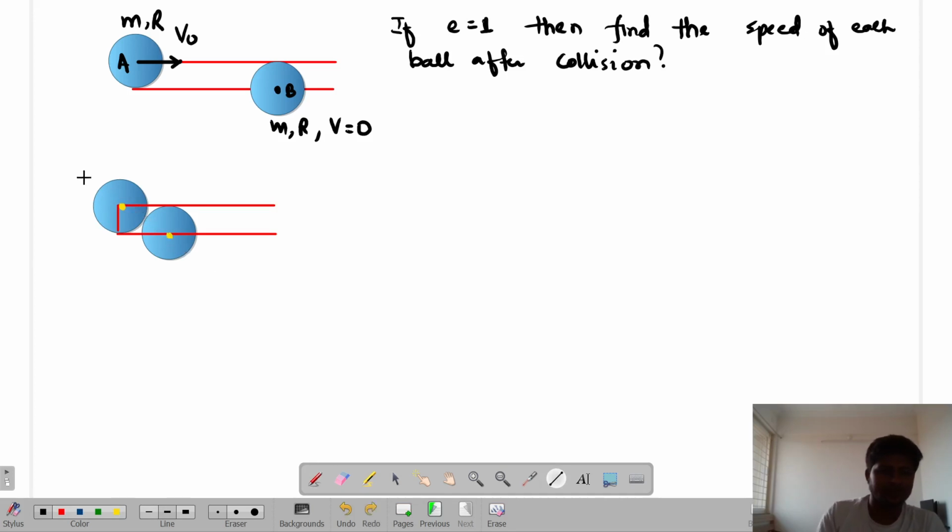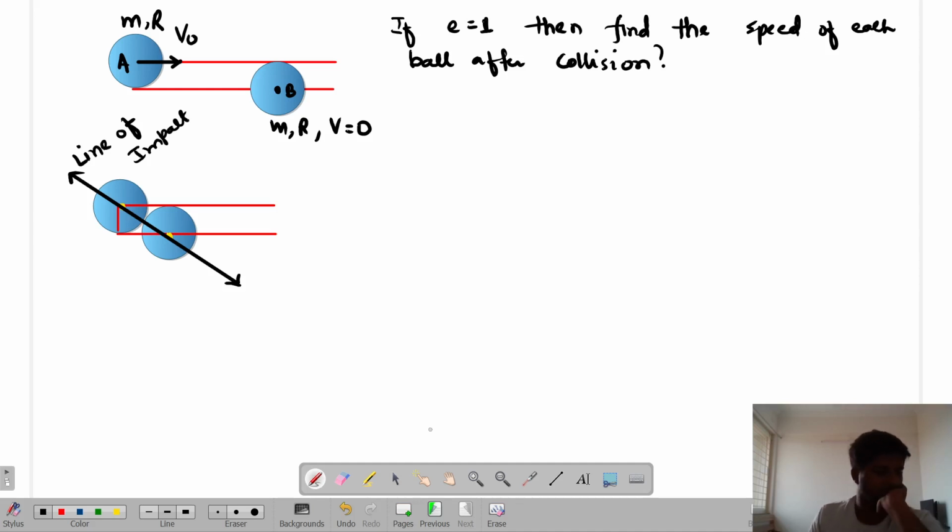Okay, see this. When they collide, this will be the diagram, isn't it? In this direction, they had the original velocity v naught. This is going to be my line of impact. Now the point is simple: in this direction, they have velocity v naught.